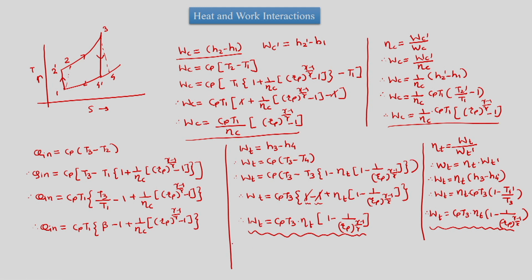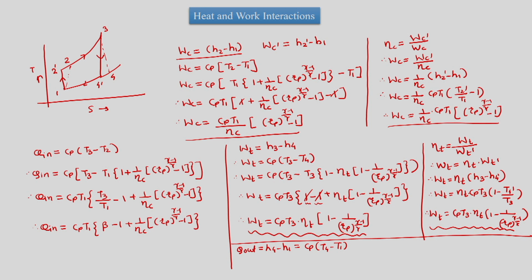Further, we can also evaluate the heat output, which is Q out, and Q out is H4 minus H1, which is Cp into T4 minus T1, and then we can also write T4 which we have derived.